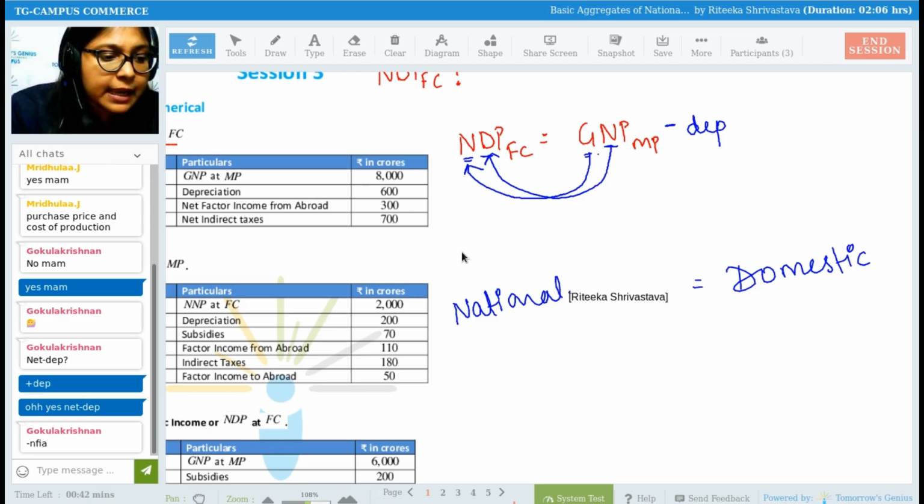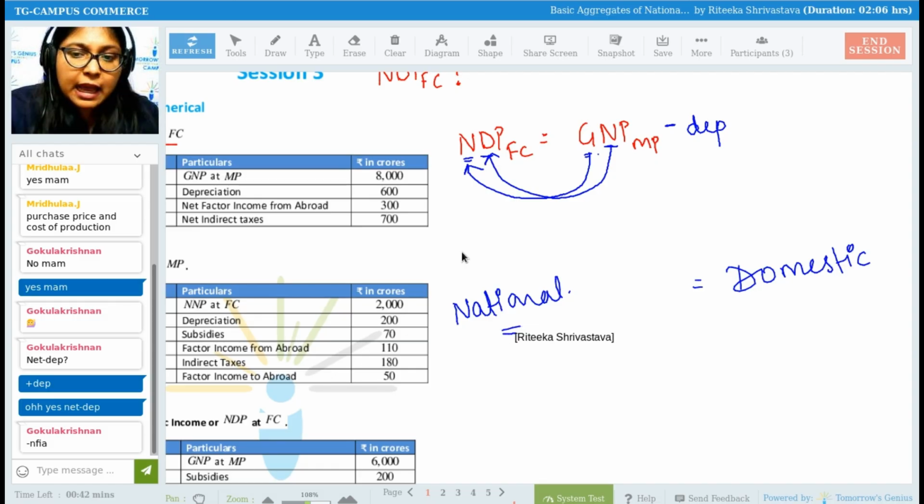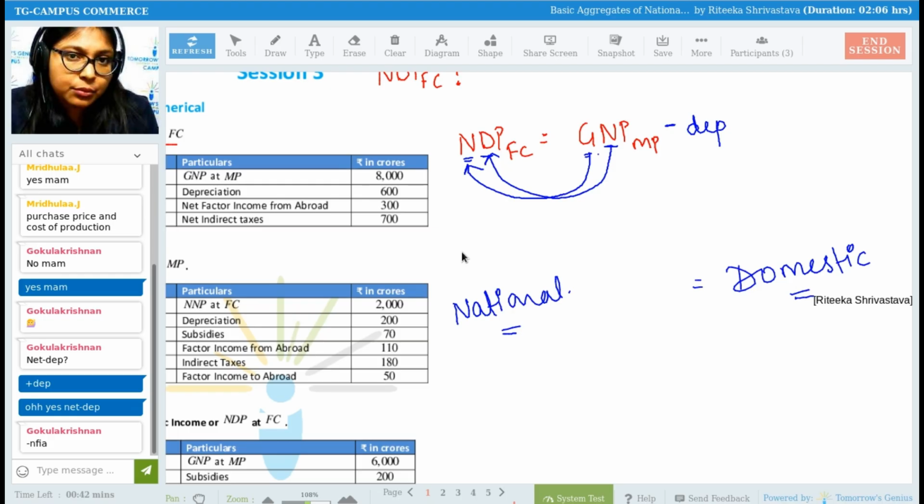Okay, Gokul says minus NFIA. What about Mridula and Jayani? National to domestic. National value you have, but you want domestic value. So what you will have to add or remove?